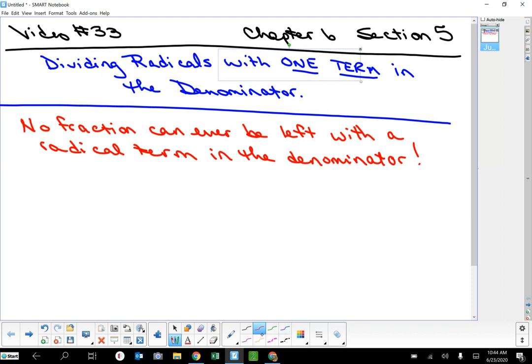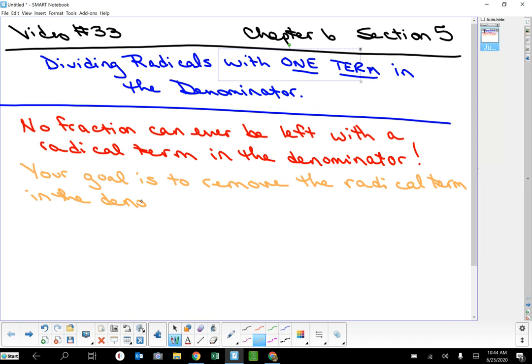So your job is to remove that radical term. Your goal is to remove the radical term in the denominator by multiplying by a specific fraction.